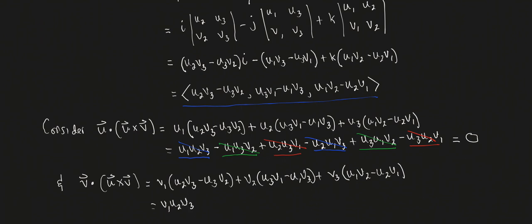So V1, U2, V3 minus V1, U3, V2 plus V2, U3, V1 minus V2, U1, V3 plus V3, U1, V2 minus V3, U2, U1. All right, so let's see if we can find things that will cancel out.